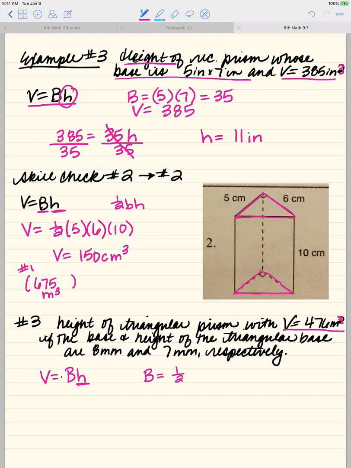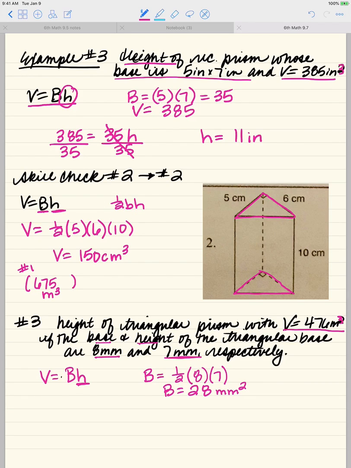So 1/2 times, and we're given the little base, the little b, okay, and little h of the triangular base, so 8 times 7. So we need to figure out what is 1/2 times 8 times 7. Well, 1/2 times 8 is what? 4, okay? 4 times 7 is 28. So the area of our triangular base is 28 millimeters squared, right?